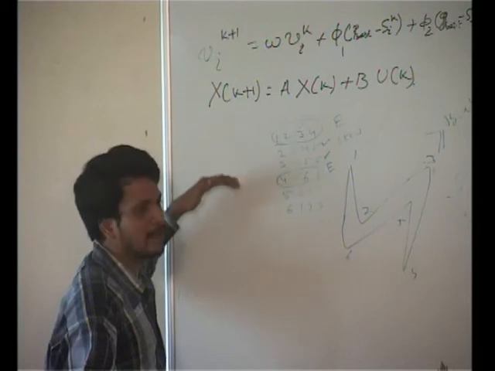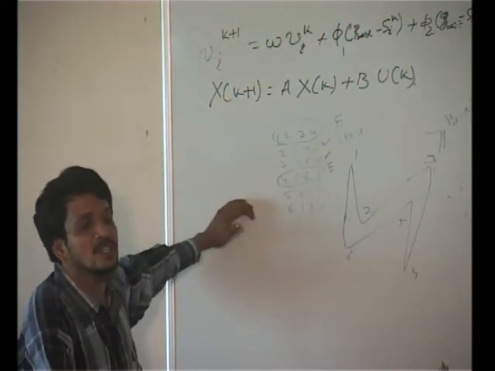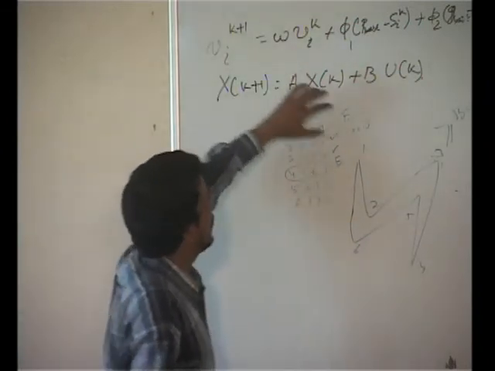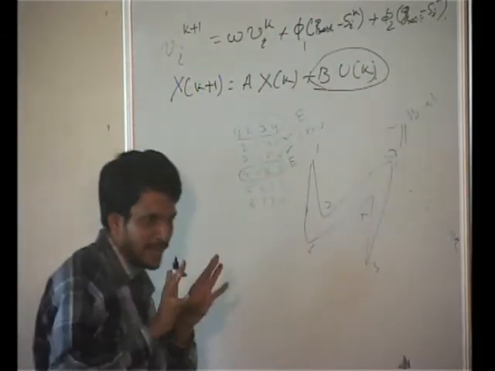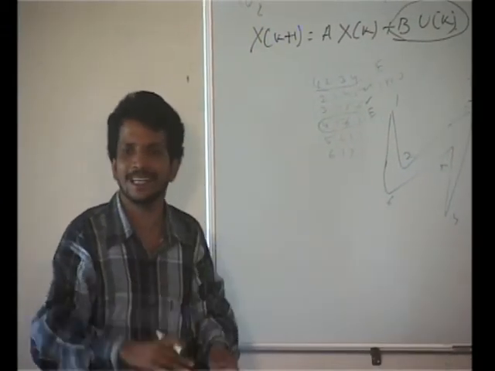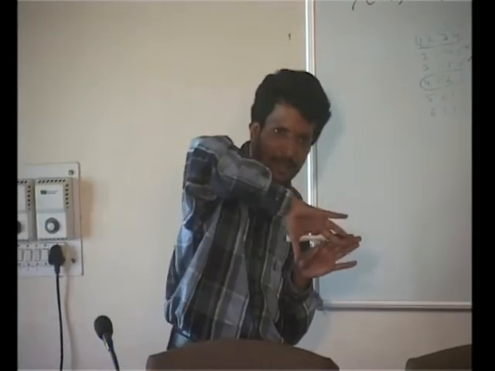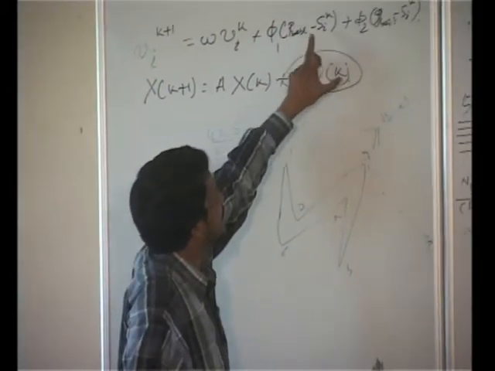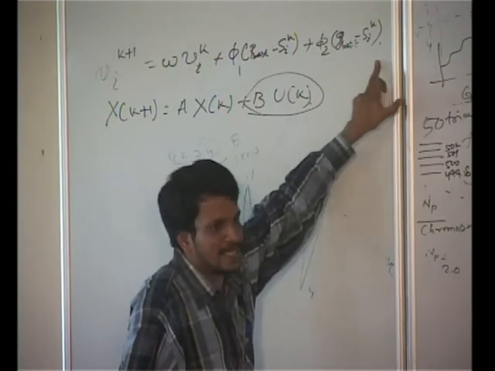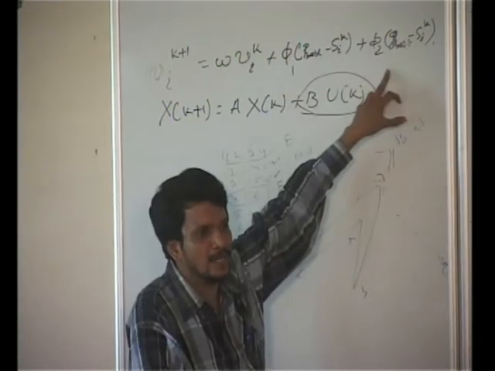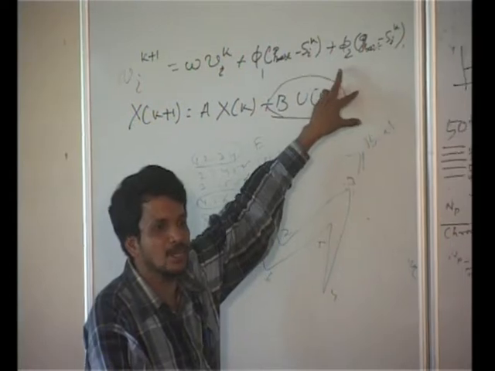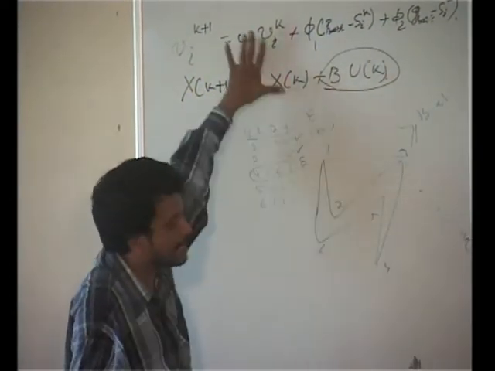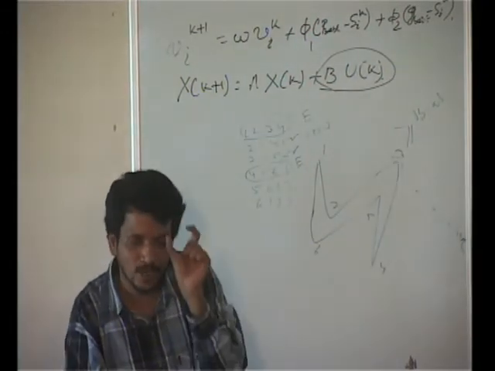With this difference equation you can prove the stability of the method as well as the convergence of the method. Here u k is the control vector, the control which will change the position and control the velocity of the particle in the next instant. This controlling factor depends on P best minus x, G best minus x, as well as the constants phi1 and phi2, which are nothing but C1 rand1 and C2 rand2. So C1 and C2 will prove the mathematical convergence. You will get a particular value of it.